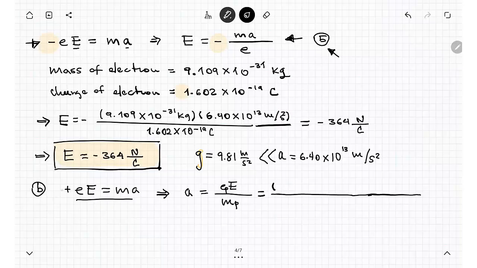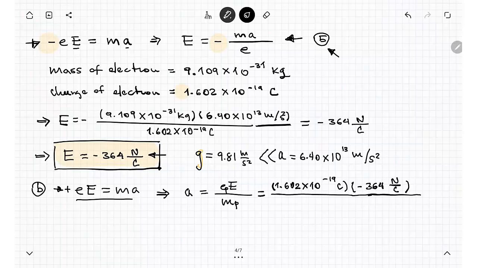That's why we have the plus sign right here instead of the minus sign. It is 1.60 times 10 to the minus 19 power coulombs, the same as the electron but with a different sign. And the electric field, we found the electric field here, right? Minus 364 newtons per coulomb, dividing the mass of the proton.